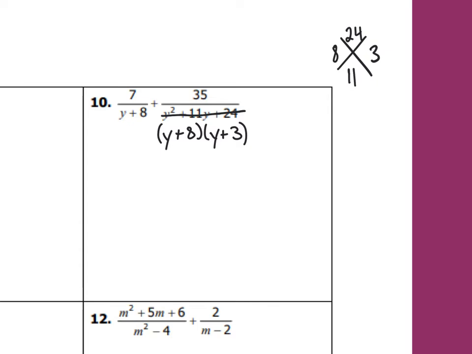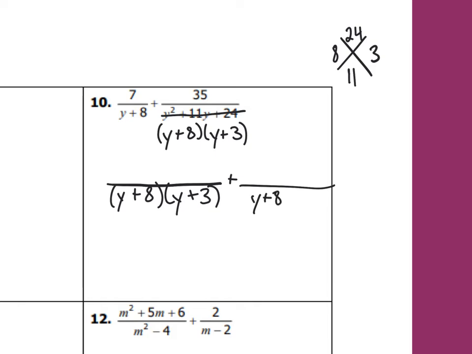Now looking at these two denominators, what is a common denominator that will fully absorb y plus 8 and y plus 8 times y plus 3? Can't you just add a y plus 3? Yep. So my common denominator is just going to be y plus 8, y plus 3. I'll write it for both fractions and keep them broken apart for now.